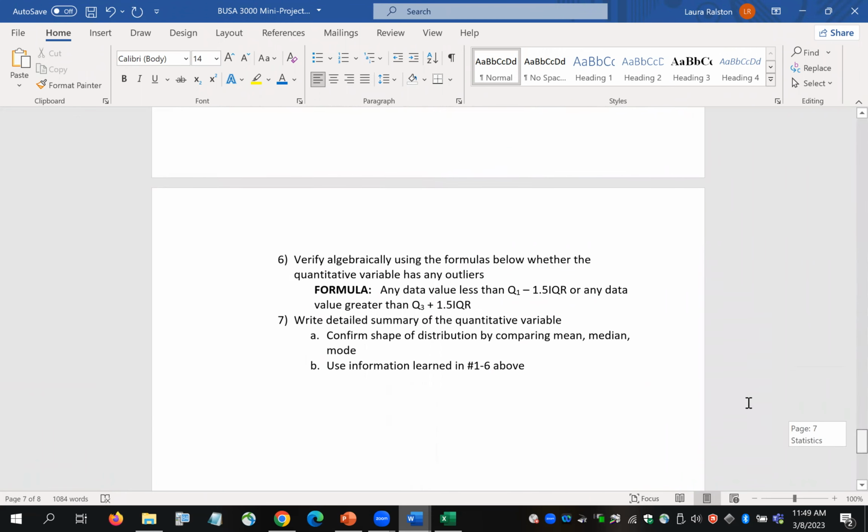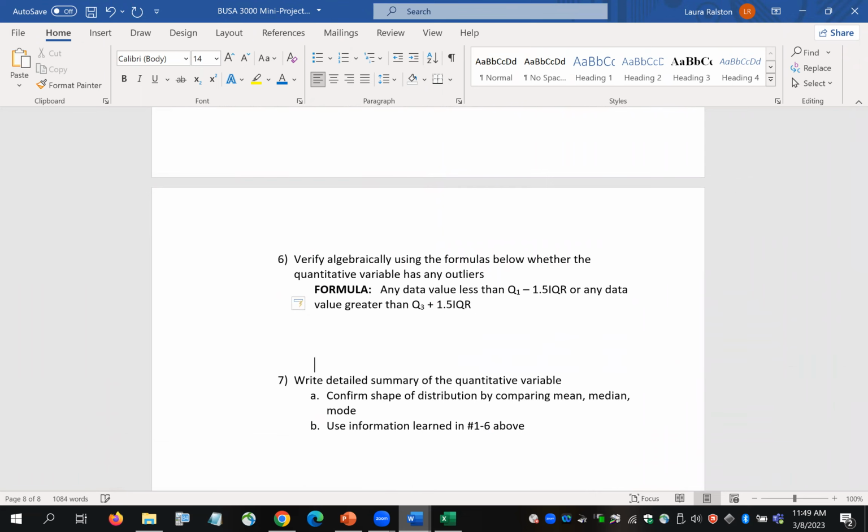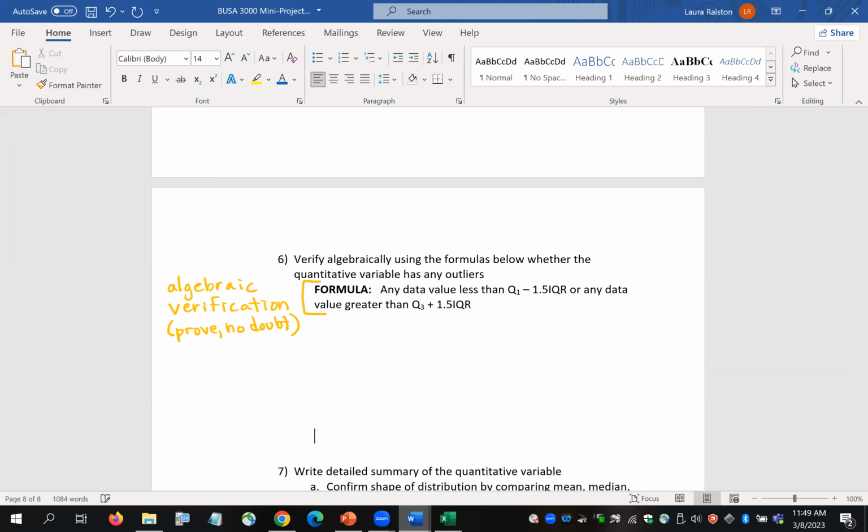There is an algebraic formula for determining this. This is the algebraic verification of the outliers. This is the proof. You can prove and leave no doubt that those particular values are outliers. If you didn't have that visual, this would be the way you would determine whether you have outliers.